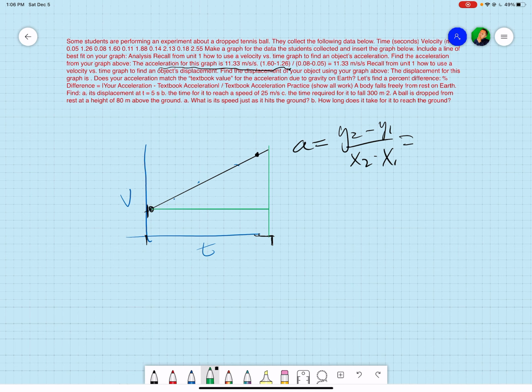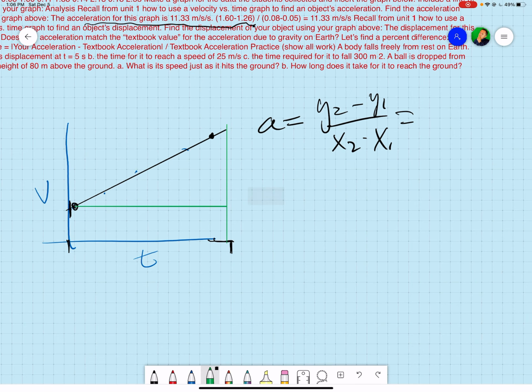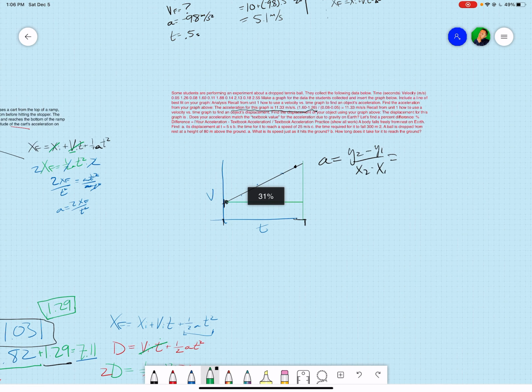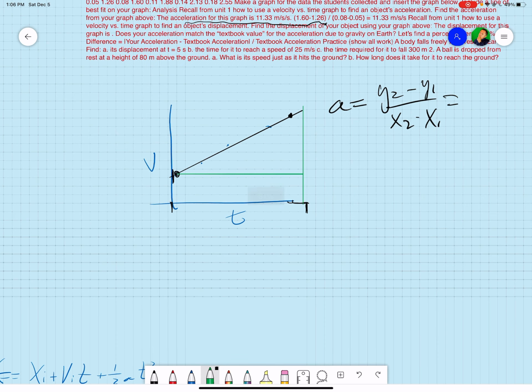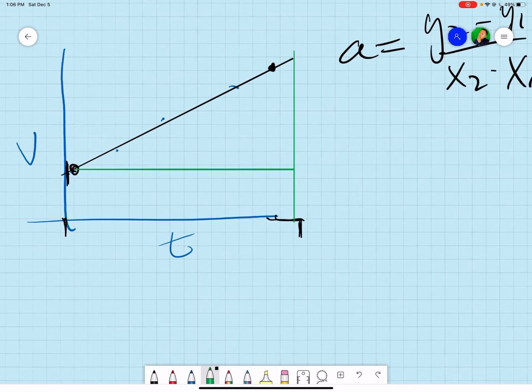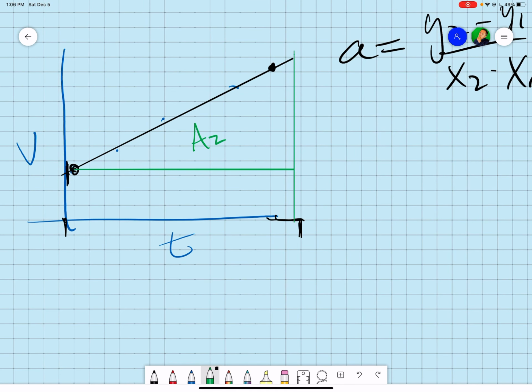Then what we would do is figure out the area. So we'd have two areas. Area 1 would be a rectangle, because I don't want to erase. Area 1 will be a rectangle. Area 2 would be a triangle. So to get your displacement, you'd have to add the two areas.